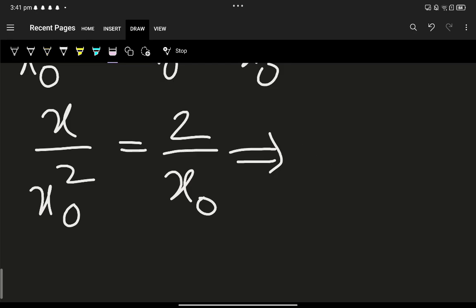So going with this logic, it will be x is equal to 2x naught.